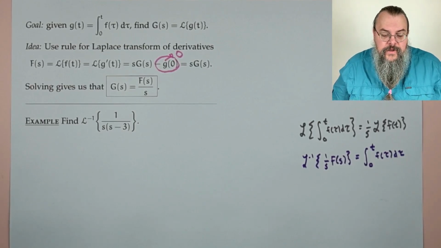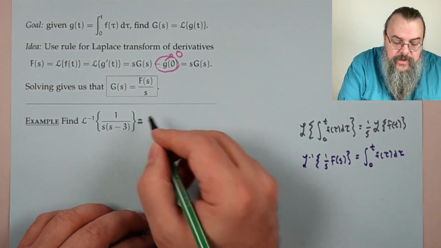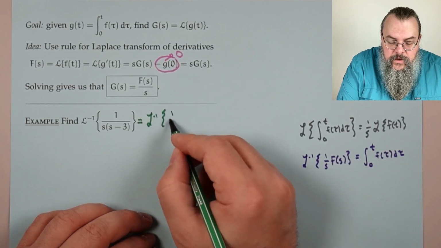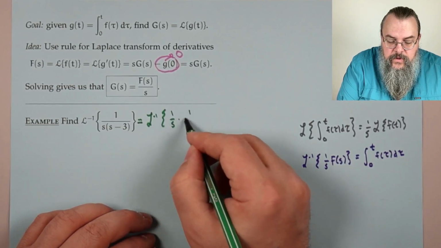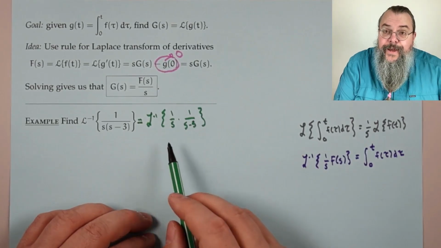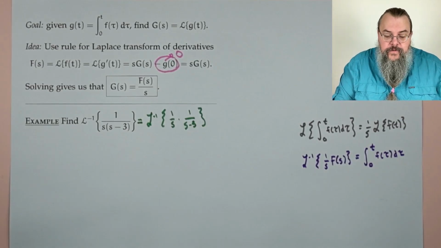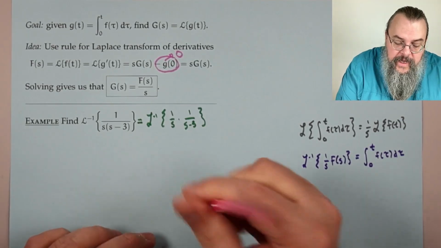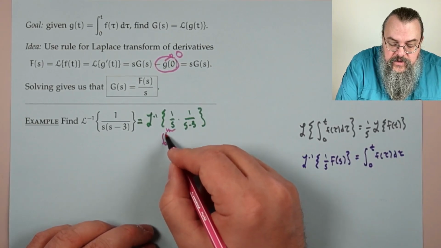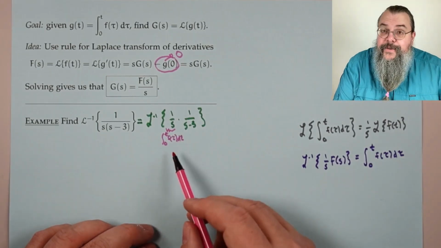All right, so how do we approach this? Well, notice that this is the same as the inverse Laplace of 1 over s times 1 over s minus 3. So when we see that 1 over s in the front, we're like, oh, okay, this 1 over s stands for antiderivative. Really, we're integrating from 0 to t of f of tau d tau. Now, how do we find the right f?